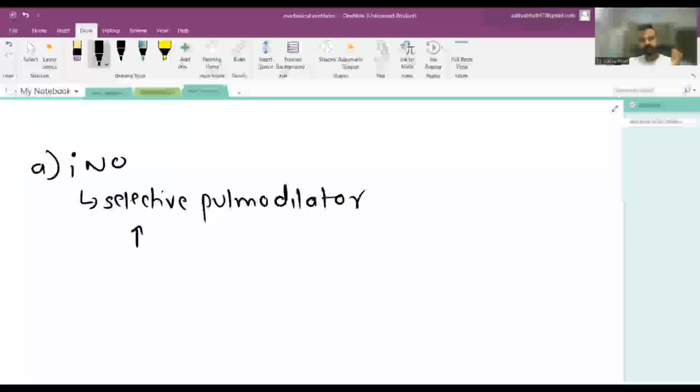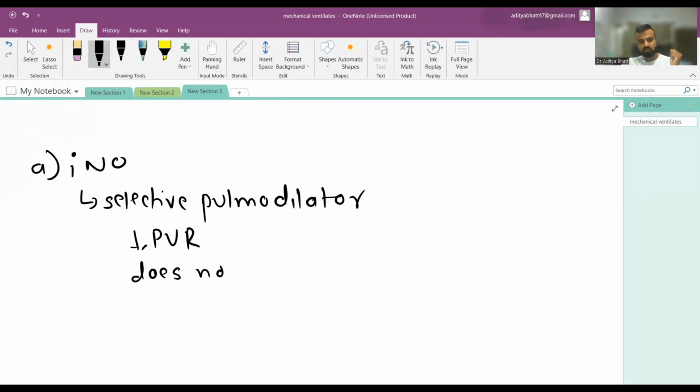It decreases the pulmonary vascular resistance, but it does not affect systemic vascular resistance. So this is very important.